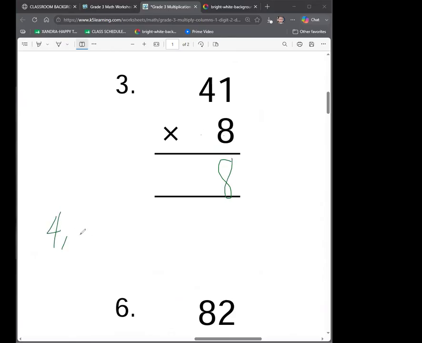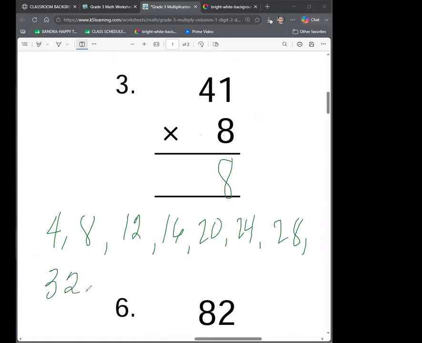Okay, 4, 8, 12, 16, 20, 24, 28, 32. Wait a second. 32.